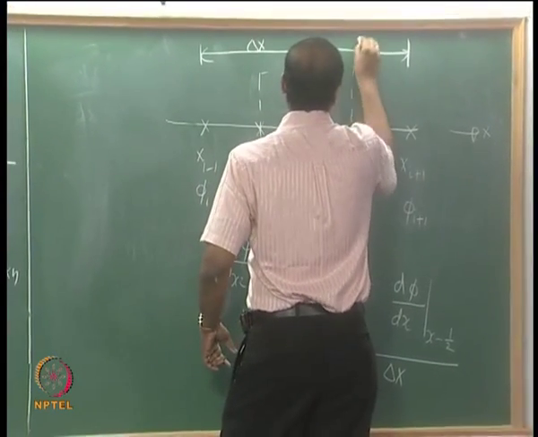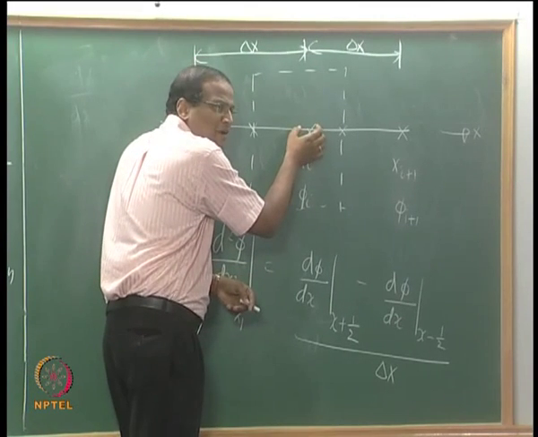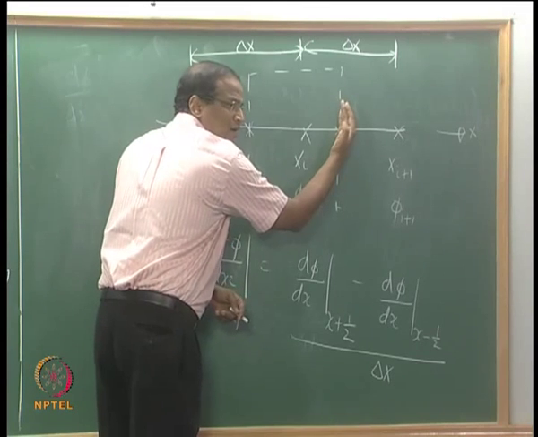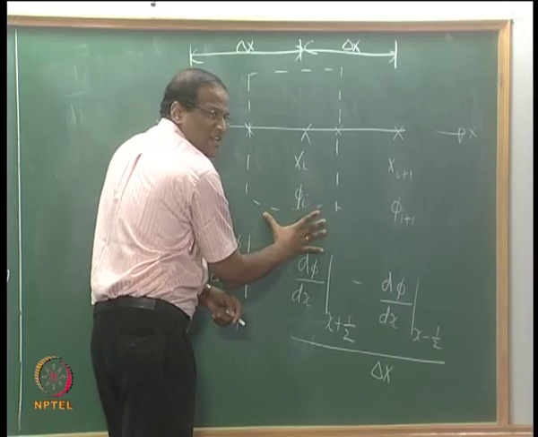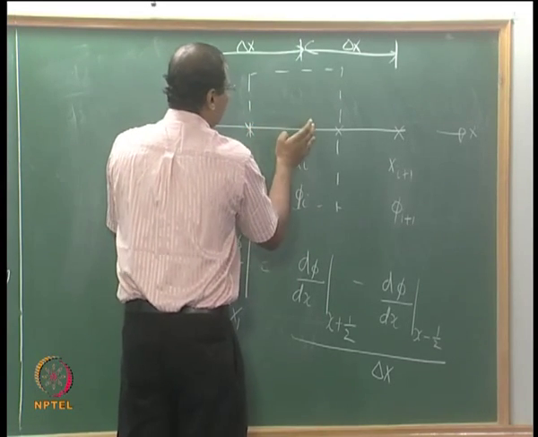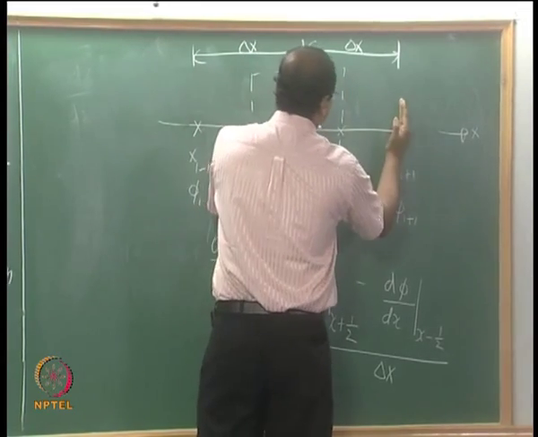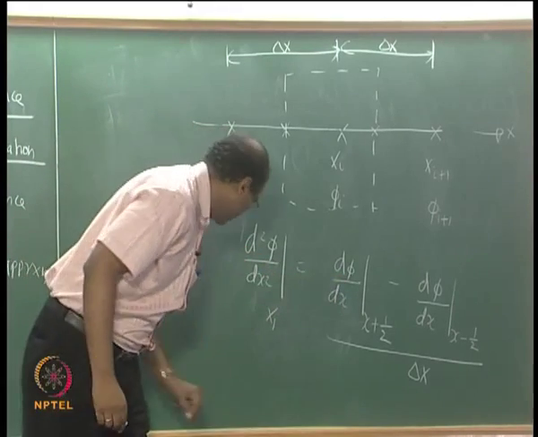Okay, it is perfectly okay for me to say that d squared phi by dx squared at this point will be equal to d phi by dx ahead minus d phi by dx behind divided by the same delta x. I have taken this to be at the bisection of these two, therefore when this is delta x and this is delta x, this is also delta x. What is the finite difference representation for d phi by dx?